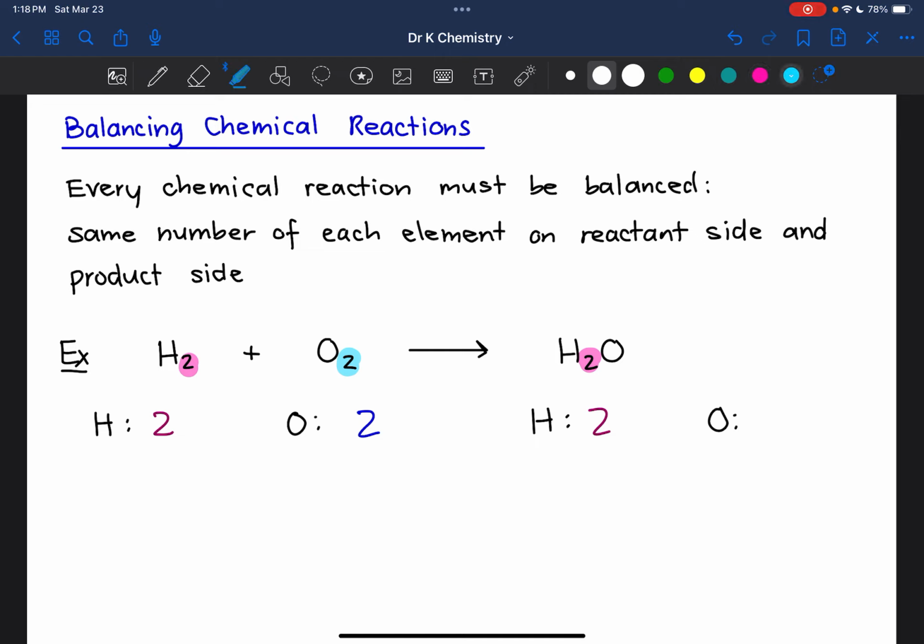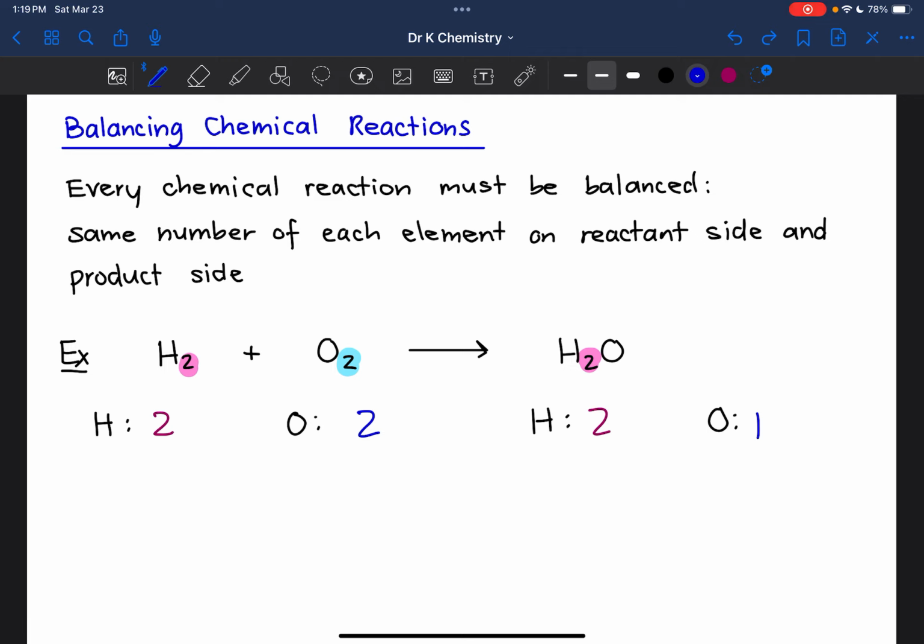But then we have a problem with oxygens, because right now there is nothing listed after oxygen, which really means that the subscript is 1. And that means that we have one oxygen. And that's a problem because if we have two oxygens on the left, we have to have two oxygens on the right. And the only way to fix that is to use a coefficient in front of the formula.